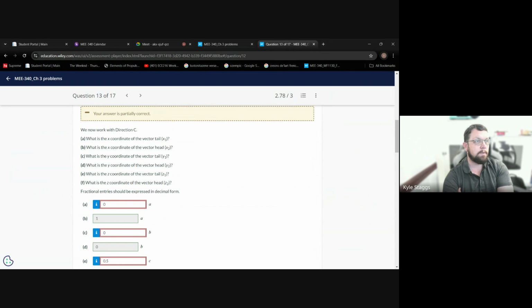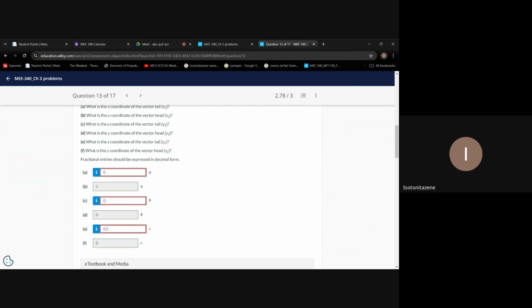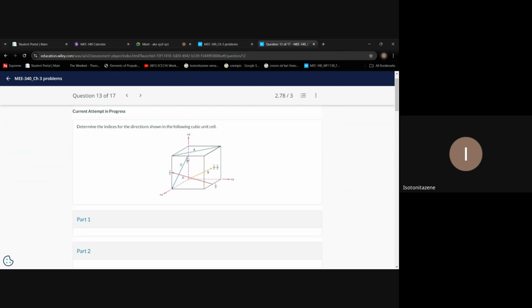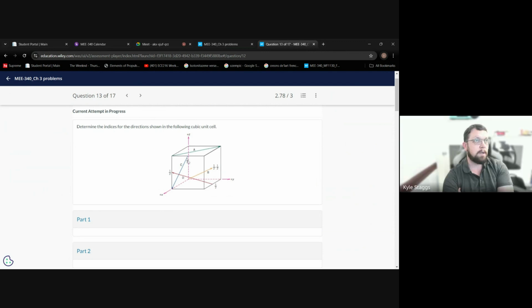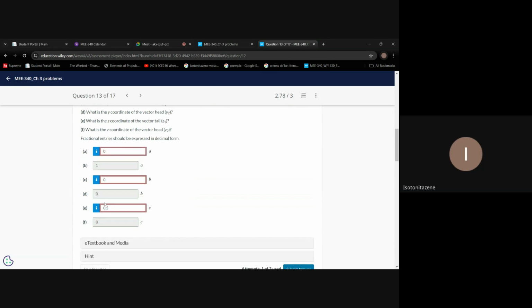vector C. Let me see vector C. I pretty much got the tail wrong. Yeah, the tail wrong. Vector C, because C is starting from, they give you the half value for Z and then 0 in X and Y. Well, that's what I was gonna ask.